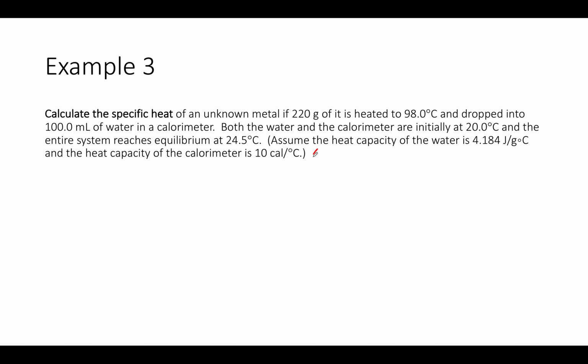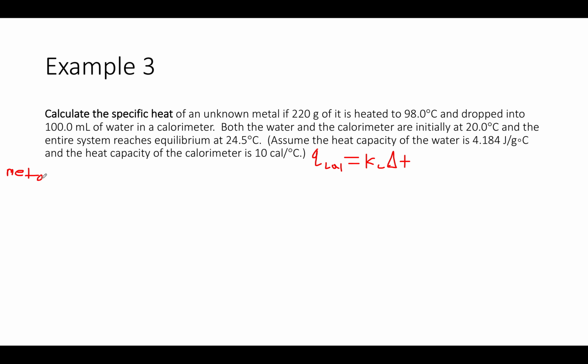We haven't talked about heat of the calorimeter, but the heat of the calorimeter always equals Kc, the calorimeter constant, times delta T. So in these problems, I like to write out what I know. So I know I'm going to have 3 heats here.